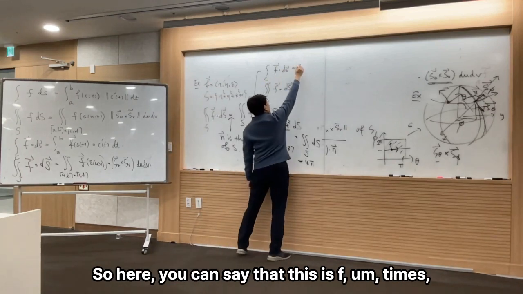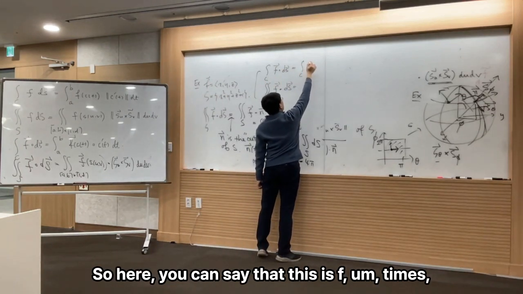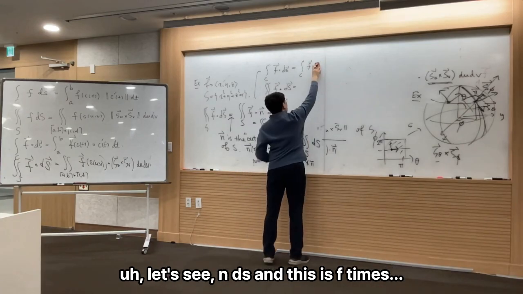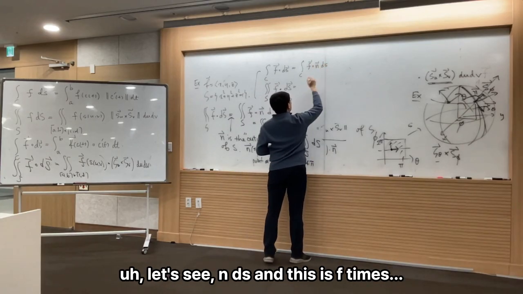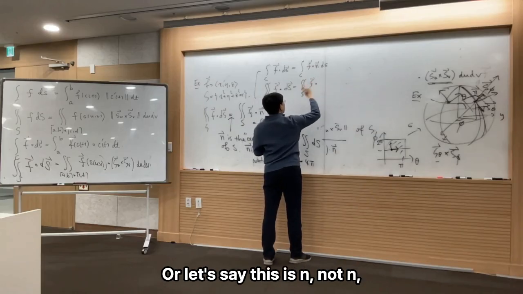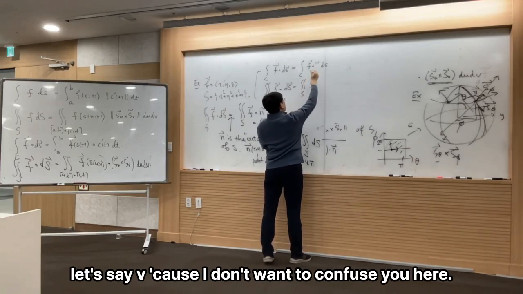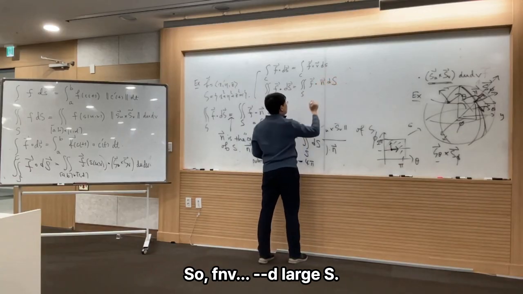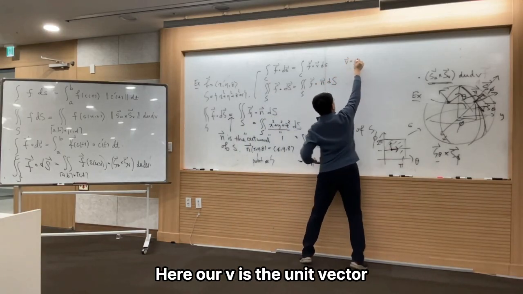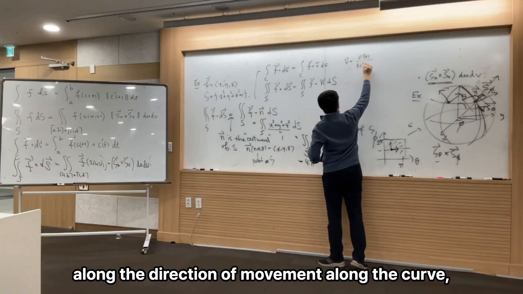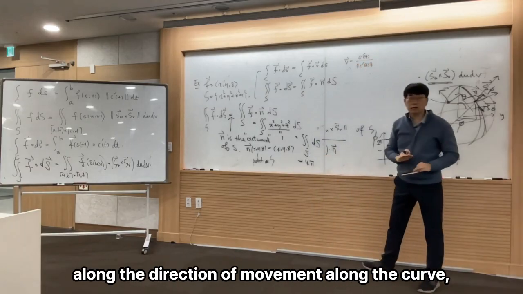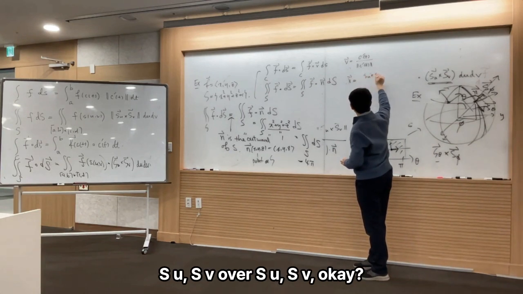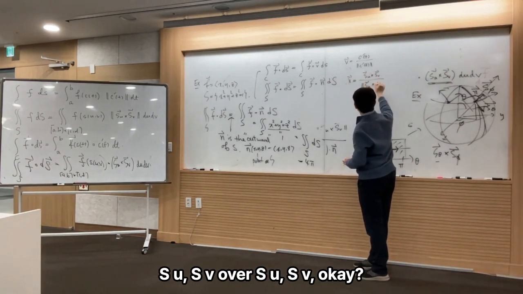So here you can say that this is F times n ds, and this is F times, let's say v, not n, because I don't want to confuse you here. So F·n dS. Here our v is the unit vector along the direction of movement along the curve, and this n is the orientation, S_u × S_v over |S_u × S_v|.